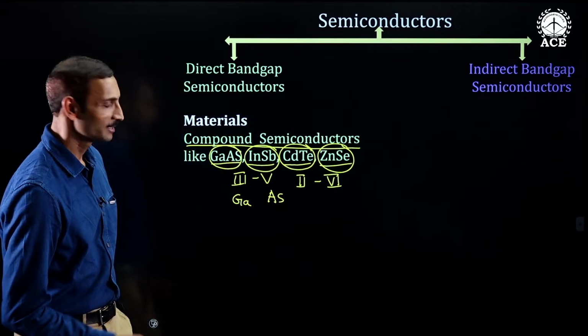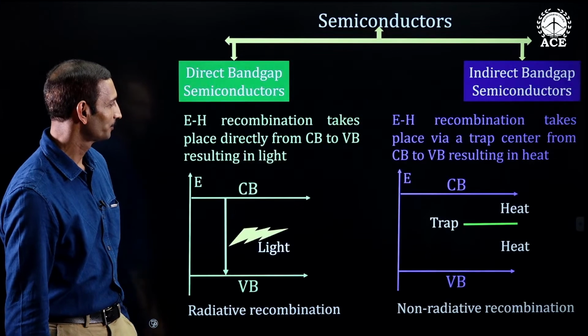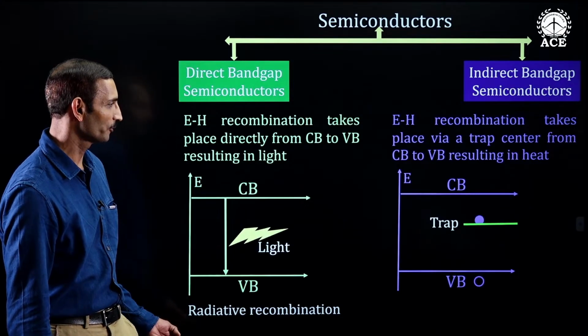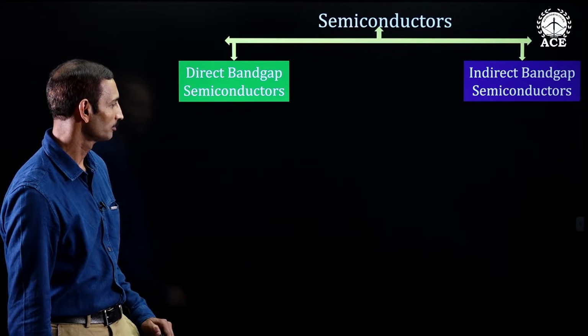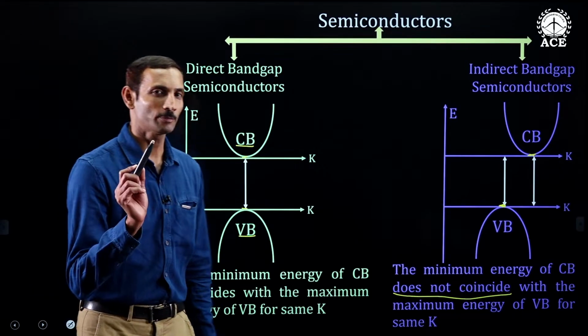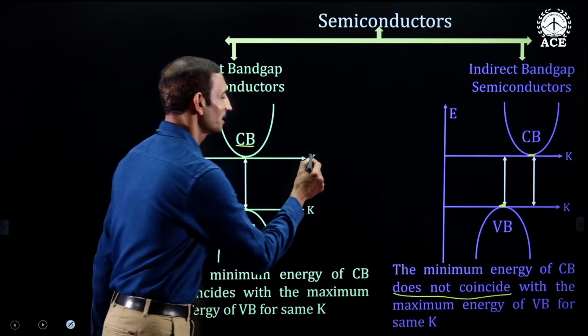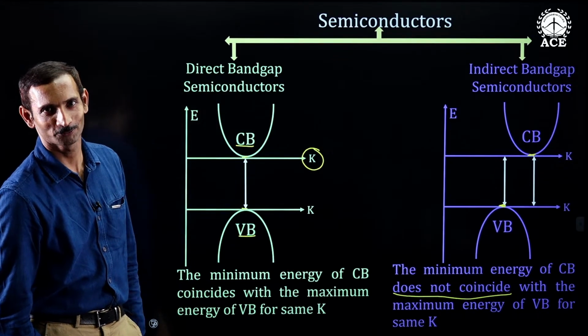Why? Because in the previous slide, I am going back to the previous slides, this one, just before this one even. In the previous slide, I talked about crystal momentum. This is crystal momentum. Remember K for crystal momentum, right?